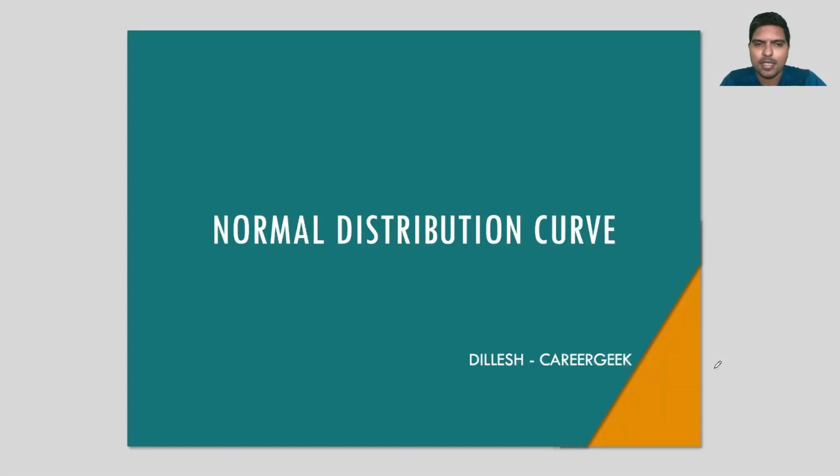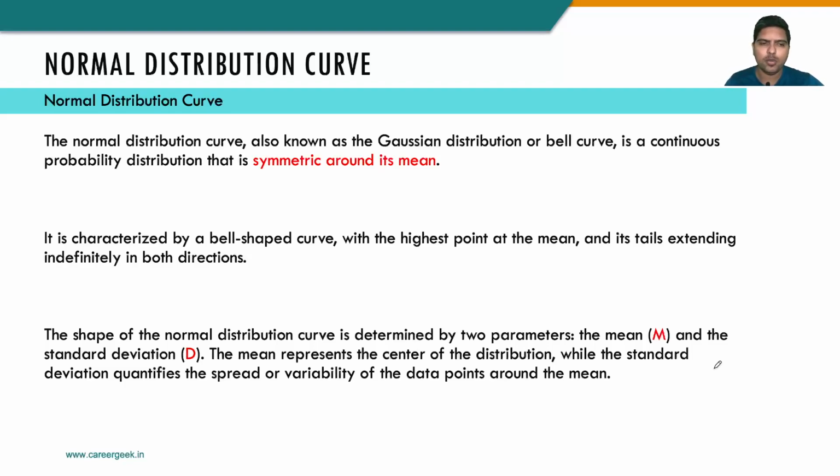Hi, so let's discuss the last video of stats, the normal distribution curve. The normal distribution curve is also called the bell curve. All of this is not important, it is a continuous probability distribution. What's important is that it is bell shaped and symmetric around its mean.